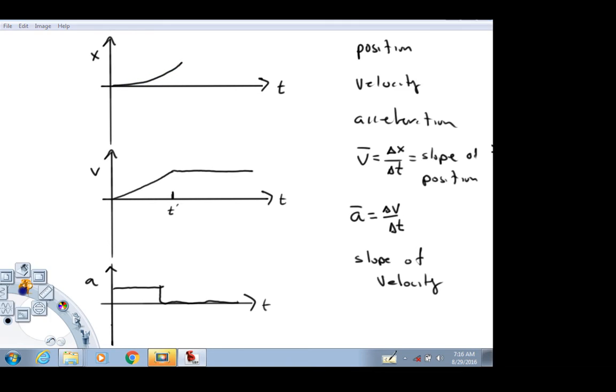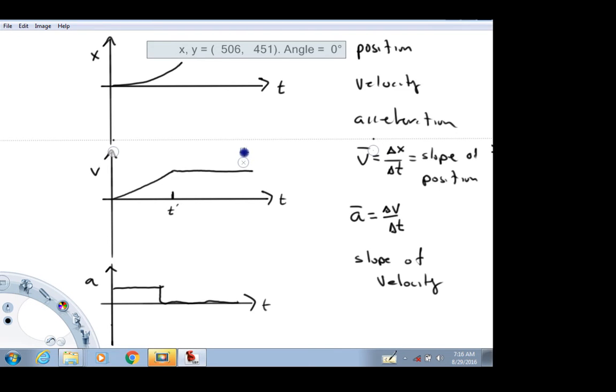It's important to realize what I'm talking about when I talk about slope increasing. So let me draw some tangent lines. I'll draw one right here. Your velocity is the slope of the tangent line. If I drew a tangent line right at that point, it might look something like this. Then as time goes on and we move along the curve, now the tangent line has a slope maybe like this.